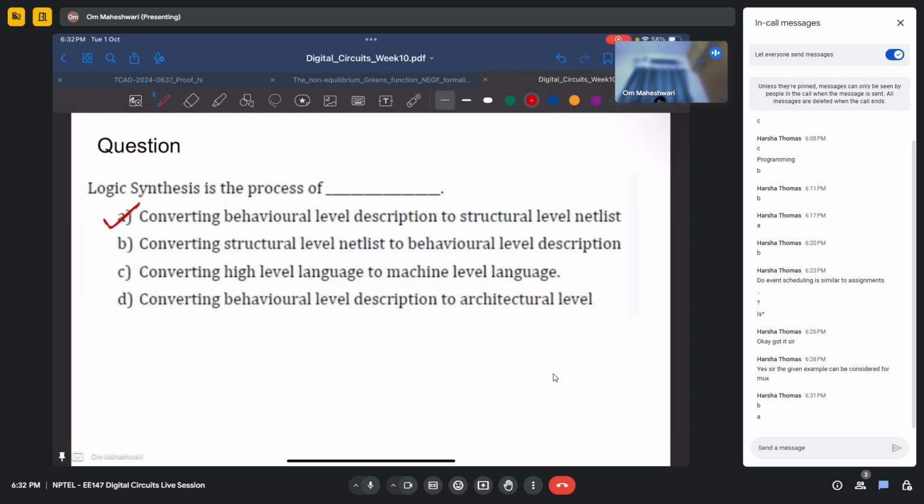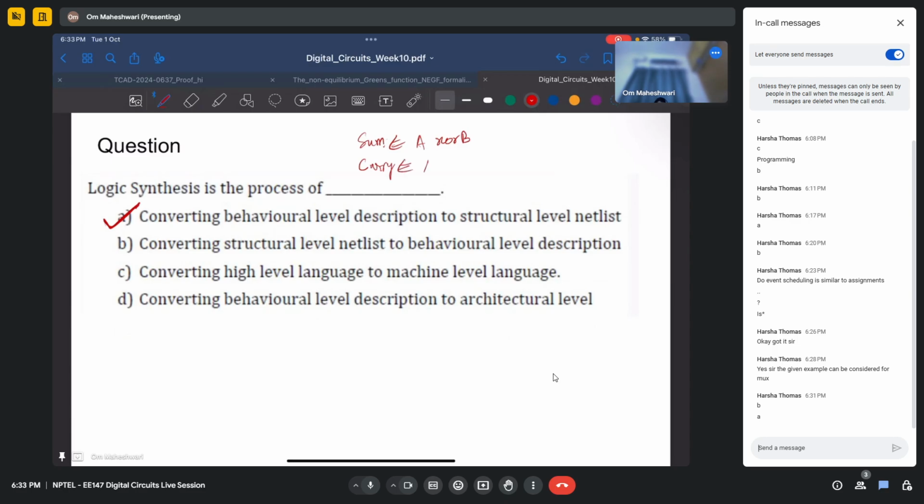So we describe the behavior of a circuit and then convert it to some level of structure. Structure means what components could realize this behavior. If I've written out equals A XOR B and C, that's the sum itself.